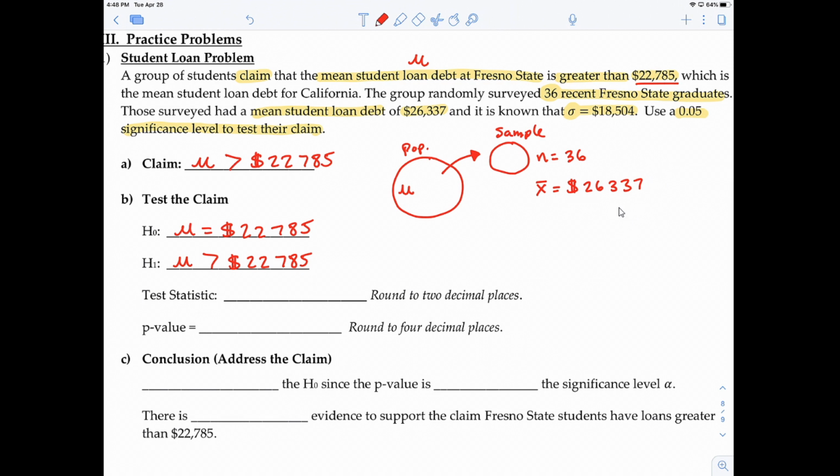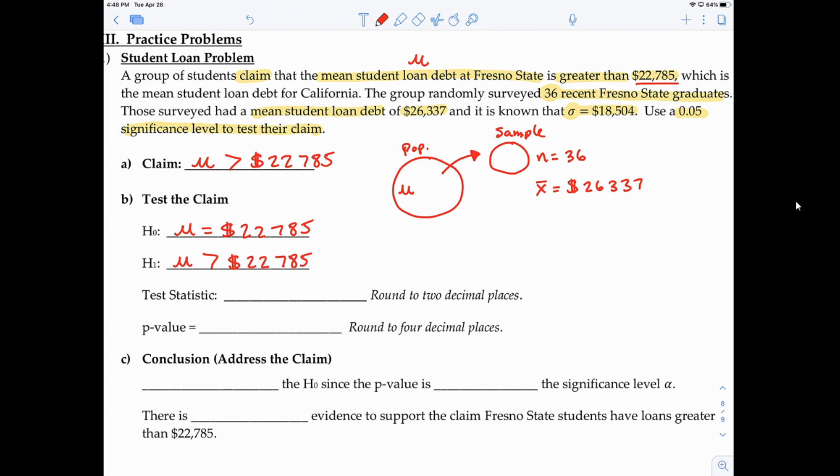So another way to think of it is if we have a mean that is farther away from, or higher than, what we assume to be true, the more extreme it is, the more unlikely, or the less of a chance of getting something like that. So this is clearly higher than that, but we want to look at, well, how extreme or how unlikely is it to get that value.